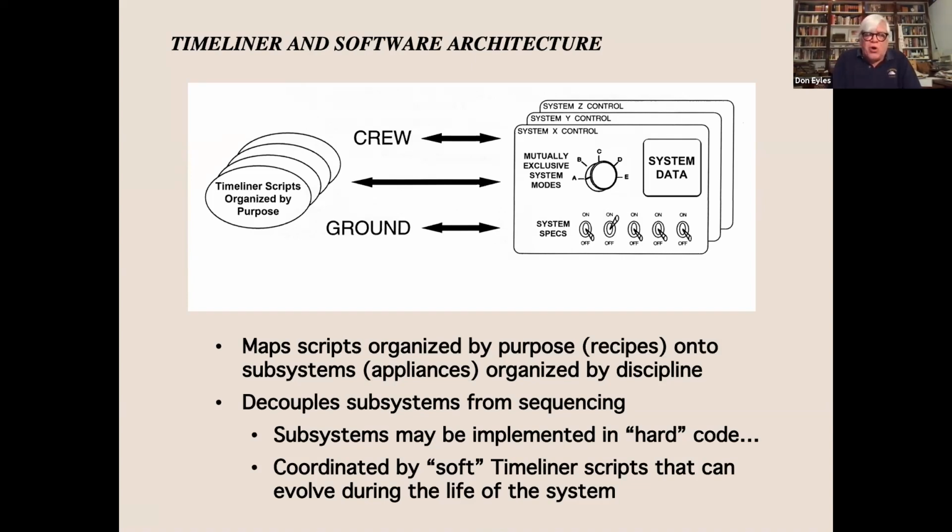It maps that onto the subsystems, which you could say were equivalent to the appliances in a kitchen, which are organized by discipline. So it decouples the subsystems from the sequencing and allows the subsystems to be implemented in hard code and then coordinated by relatively softer Timeliner scripts that can evolve during the life of the system.